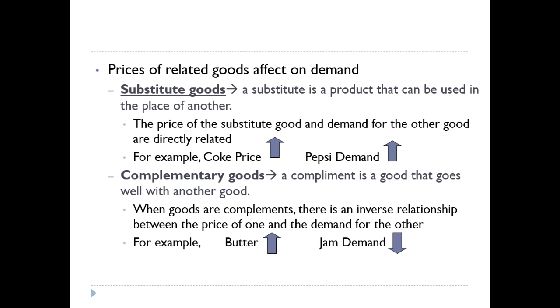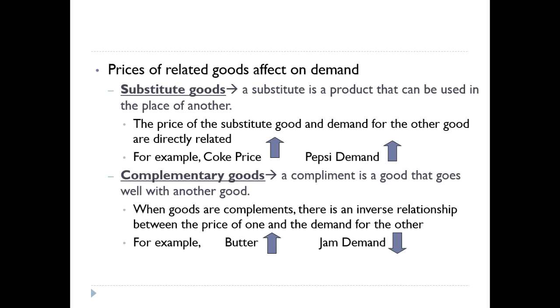Demand for bread will reduce, right? Complementary good means which has a joint demand, that is we will be using one along with the other. So butter and bread, not jam. Okay, note down, there is a correction.